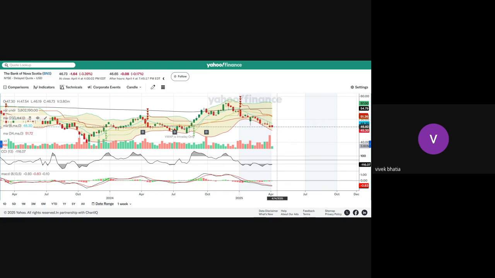Now the weekly chart on the BNS is showing a reversal on MACD as well as CCI is showing oversold position. So if it moves up, mid Bollinger Band or your super trend level is the first target, which is 51.